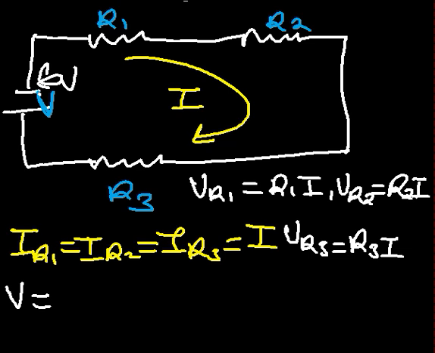In this case, let's say the R1 resistor is consuming about 2 volts, which means we have 4 left. Let's say this one is consuming about 3 volts. It means we are remaining with 1, so this one will have to consume 1 volt.